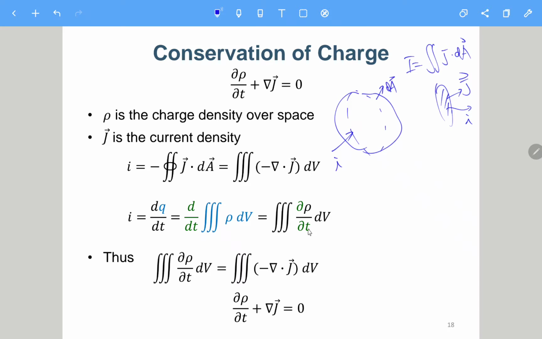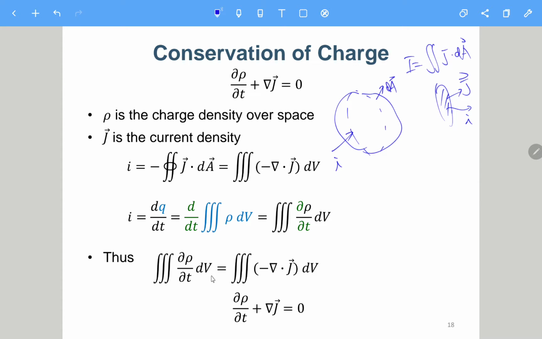So we have partial rho partial t dV. Okay, so this is I, which means that this triple integral equals this triple integral, and for an arbitrary volume, the integrands should equal each other.